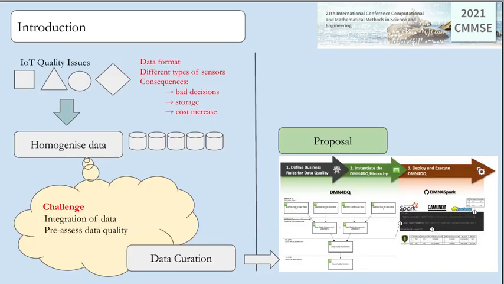First, the introduction about IoT quality usage. So, the Internet of Things is more realistic than ever. It is common to find hundreds and thousands of devices connected to the Internet and to each other in different contexts.